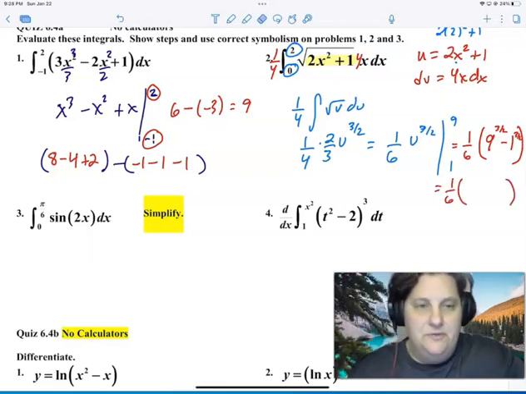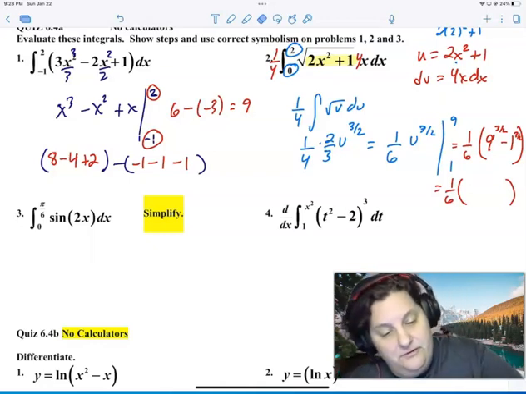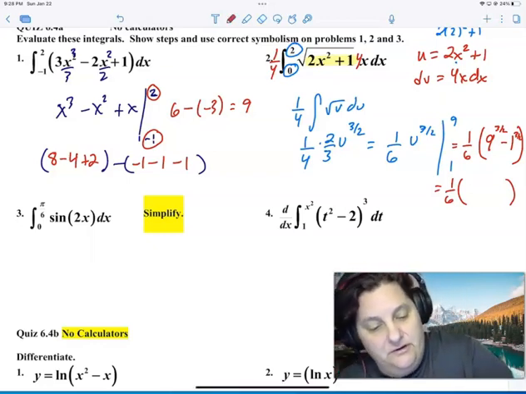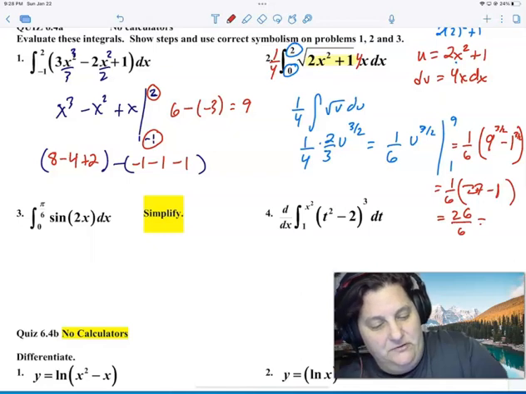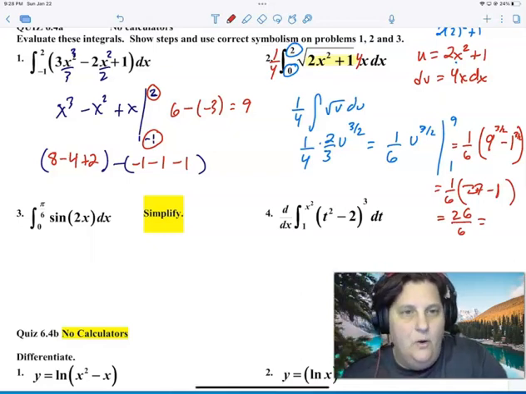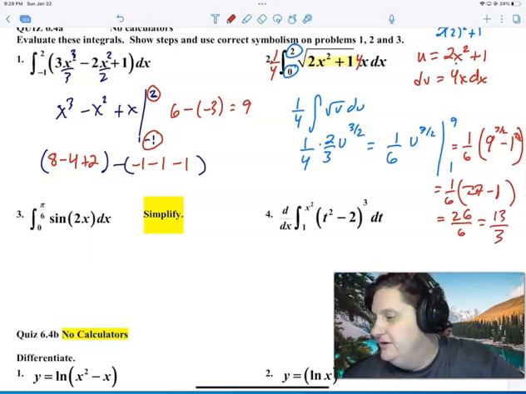Well, guys, 9 to the 3/2 means the square root of 9 to the third. The square root of 9 is 3. 3 to the third, 27. 1 to the 3/2 is 1. So this is basically 26 over 6. Leave it like that. Or that's 13 over 3. You can simplify down to there.